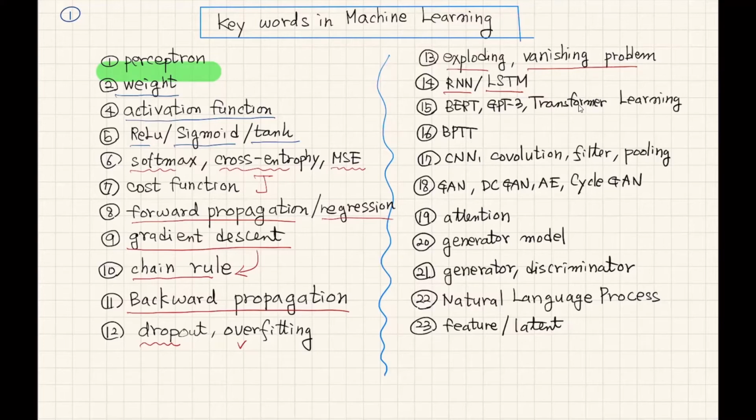Because of that, we remember that recently we are using the transformer learning method that was applied to GPT-3 and BERT. Those deep neural network models are very useful for interpreting and composing natural languages.